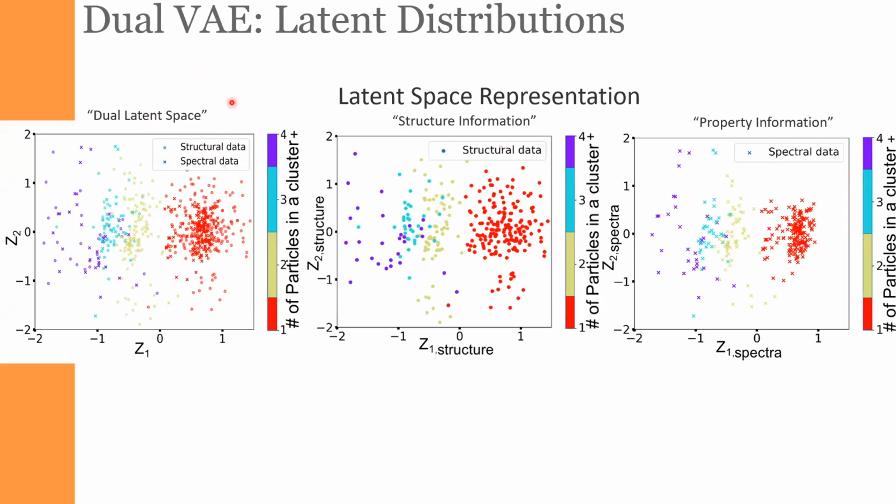So this is the example of the latent space distribution. Now we can plot the structural data and spectral data in the same latent space because it is the same latent space. If we add the labels corresponding to the class, meaning the number of particles in the cluster, you can see that they all are kind of well behaved.